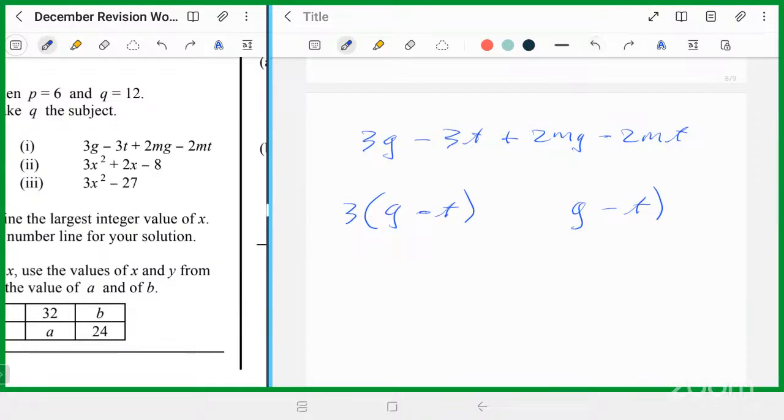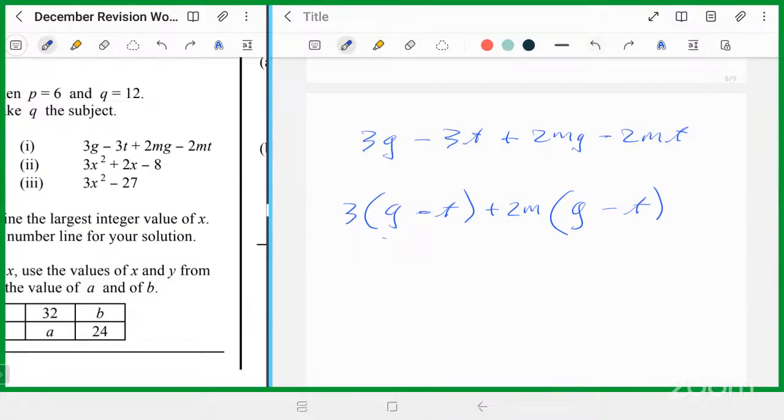Remember, in between here, you must always have a plus or a minus. So this time it's a plus 2m if you factor out the g. To ensure that it is correct, you multiply this plus 2m by the minus t over here to see if it gets that term, which it does. So you know that they are factorized well so far.